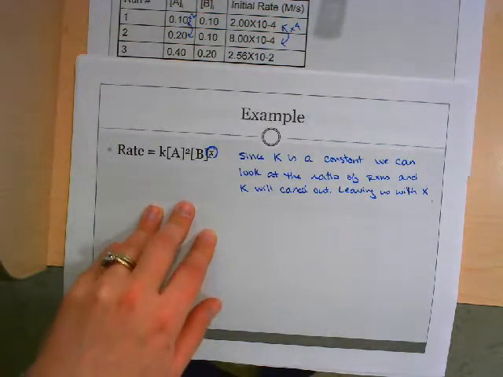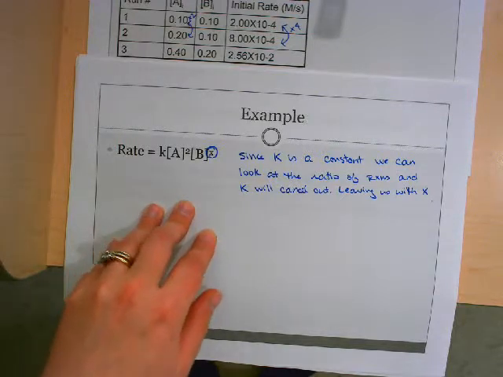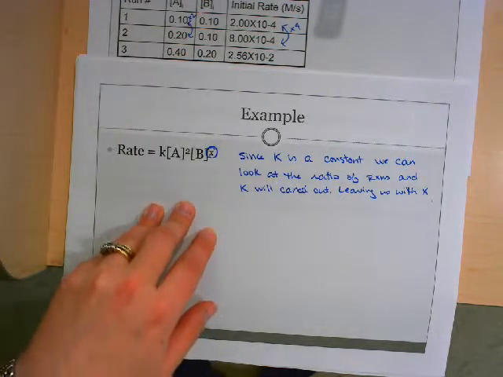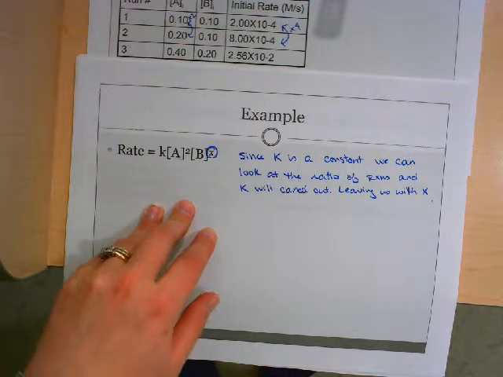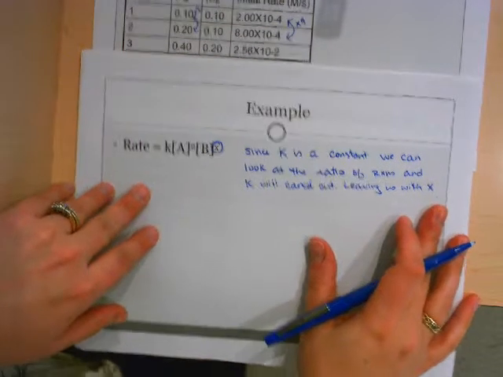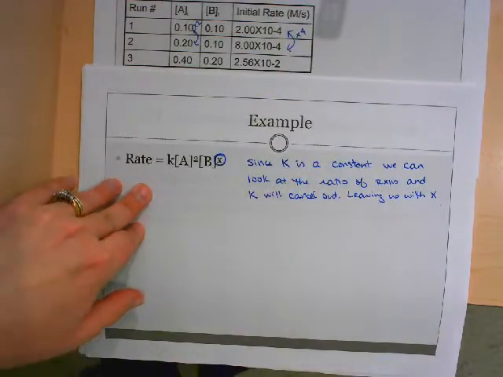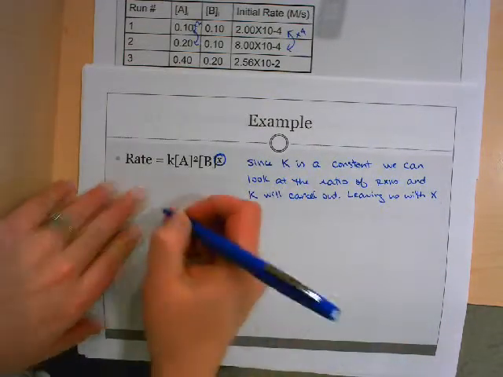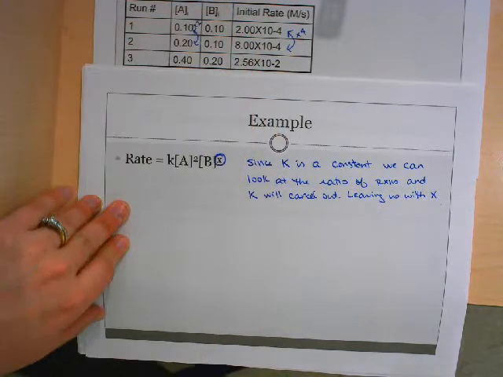Doesn't matter what K is. K is going to cancel out. And I will be left with how to find X by itself. Yay, math. Alright. So, I chose 1 and 3. You could have chosen 1 and 2, 2 and 3, whatever you want. I'm going to look at run 1 and run 3.